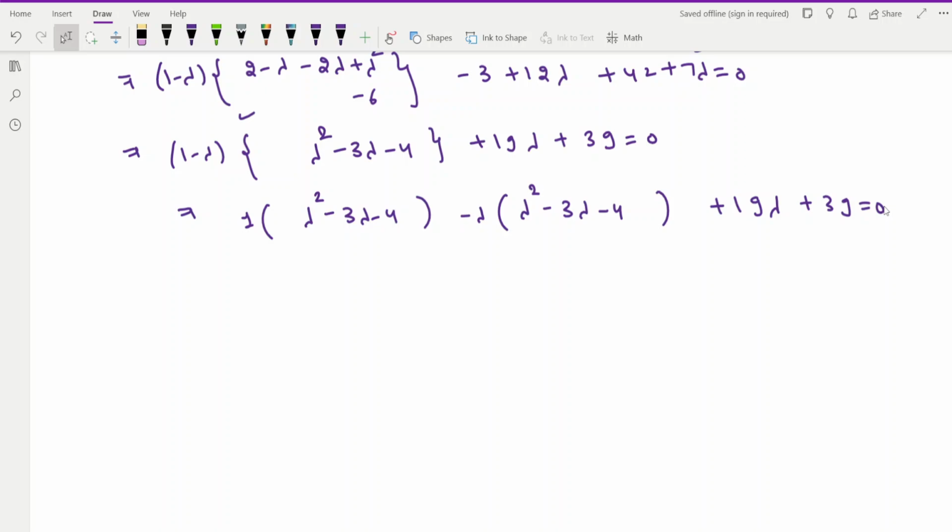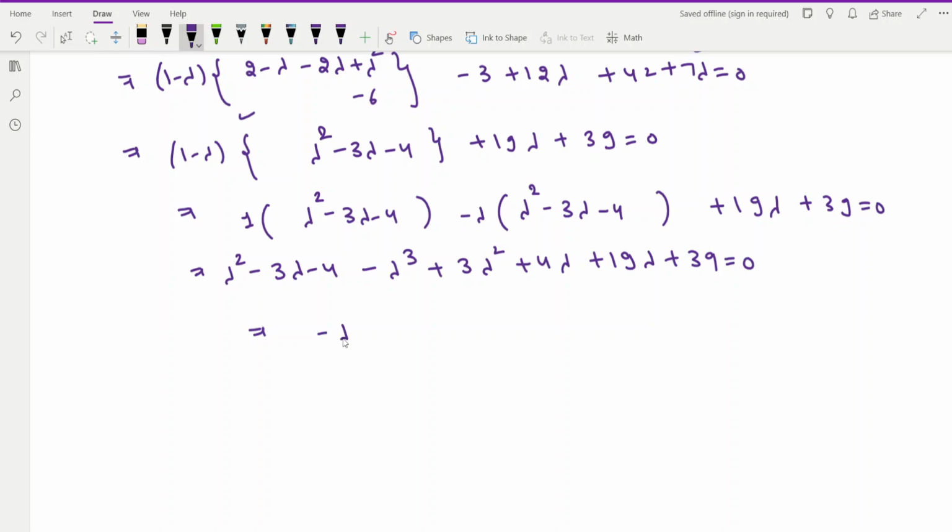Thereafter we will simplify a little bit more. So it will be lambda square minus 3 lambda minus 4, and minus lambda cube plus 3 lambda square plus 4 lambda, plus 19 lambda, and plus 39, equal to 0.